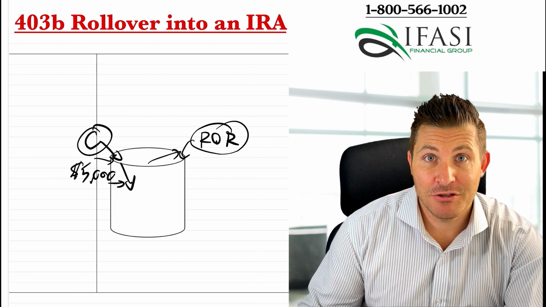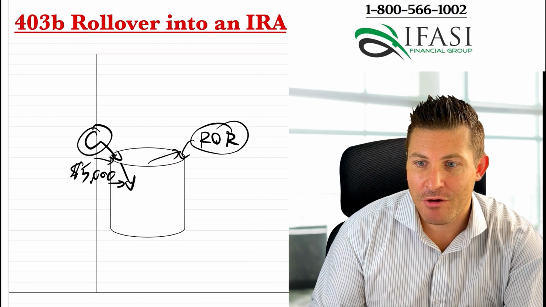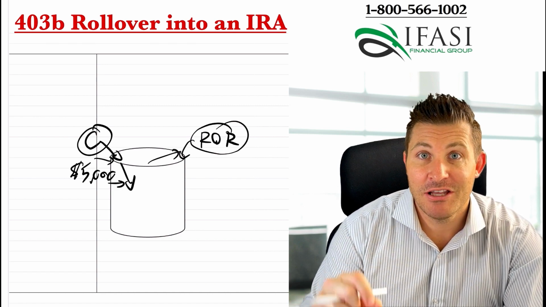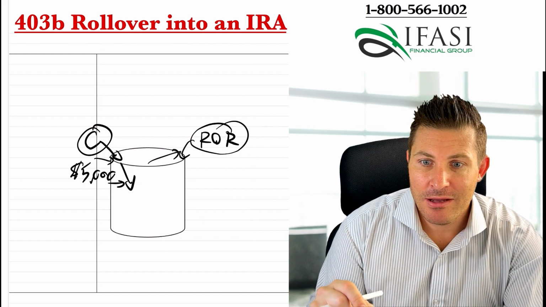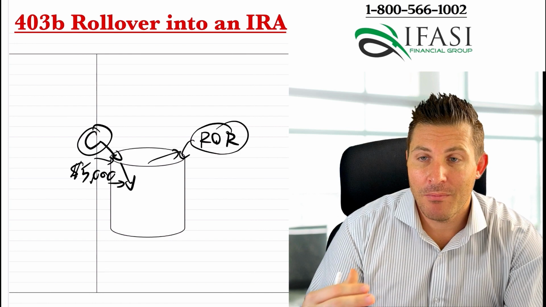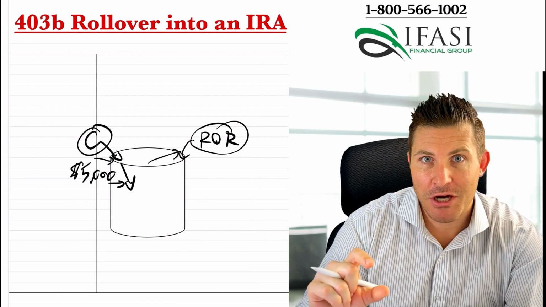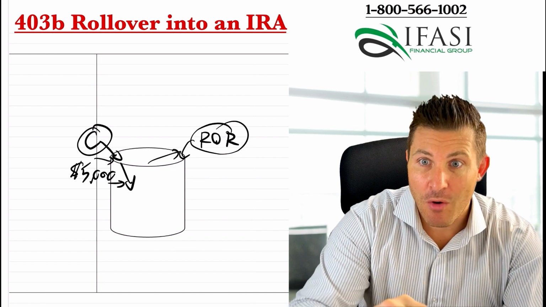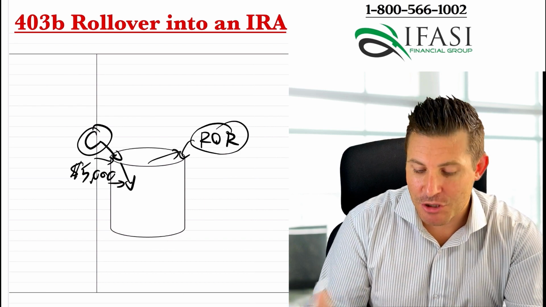Well, now they have hundreds and hundreds of different options available to say, okay, I want to cherry pick this no-load mutual fund. I want to utilize this specific company that has very low cost and high quality. Or maybe I'm more moderate, I want more of a moderate blend, so I could really cherry pick the best fixed related accounts for my position that I could go elsewhere. I'm not just handcuffed to those 10 to 25 different options.